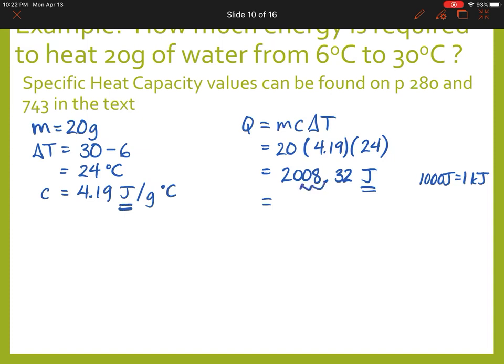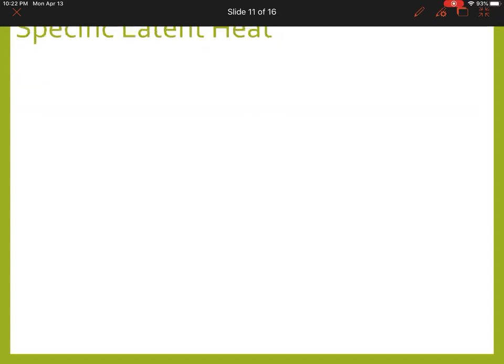So if I divide this by 1,000, I'll get 2.008 kilojoules. Okay, so it took 2.008 kilojoules of energy to heat 20 grams of water from 6 degrees Celsius to 30 degrees Celsius.